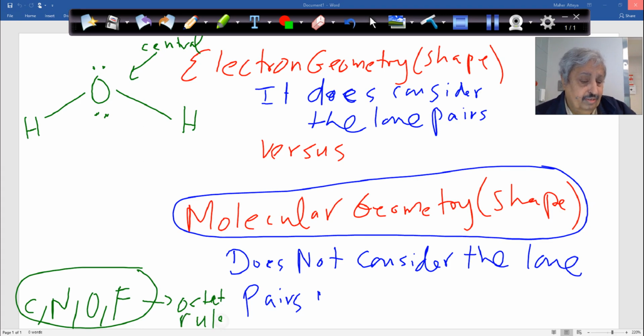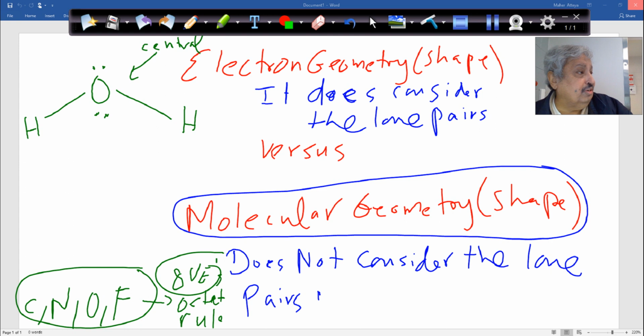All the other elements in the periodic table, the non-metals with covalent bonds, might exceed the octet rule. But oxygen is part of the CNOF. It has to have 8. Let's count those 8.